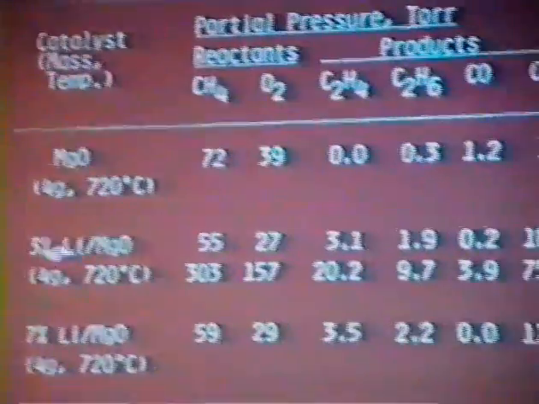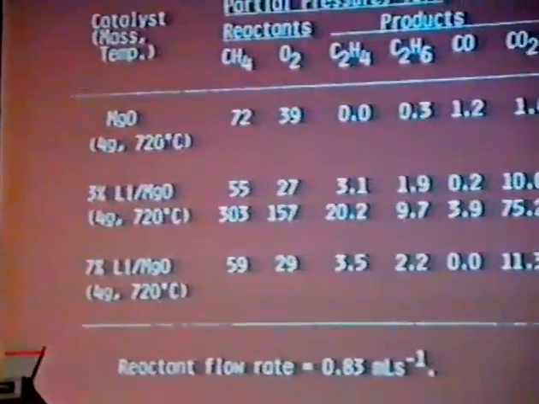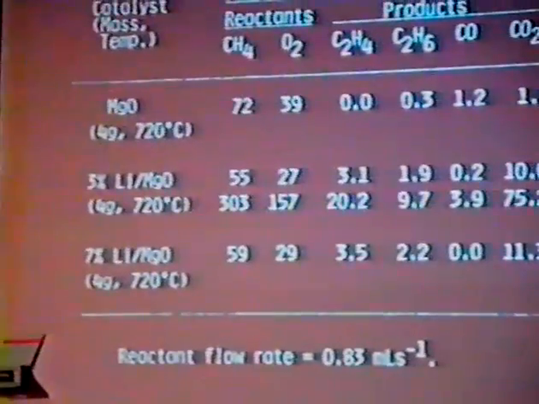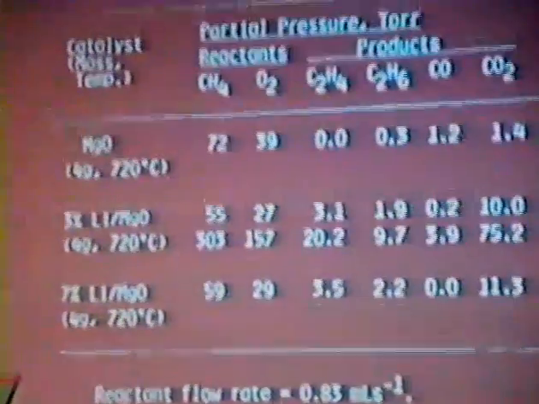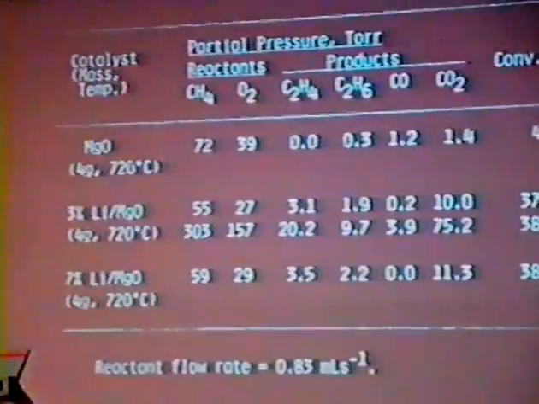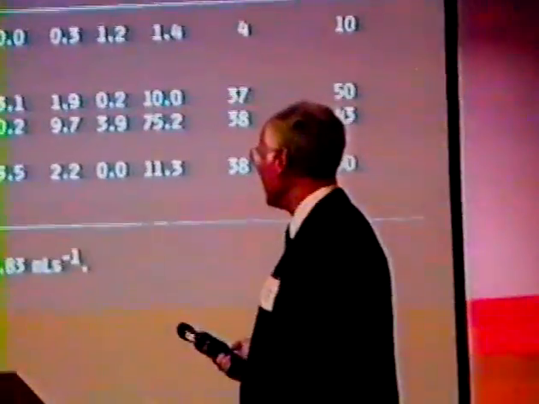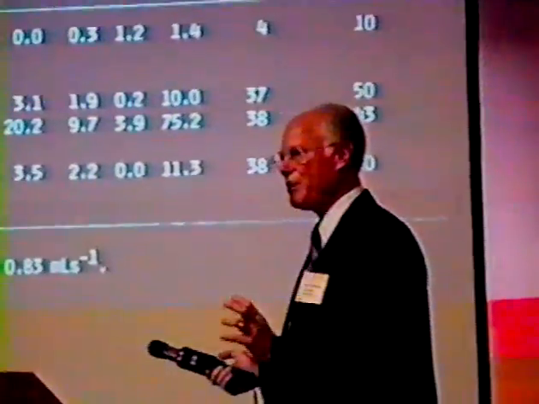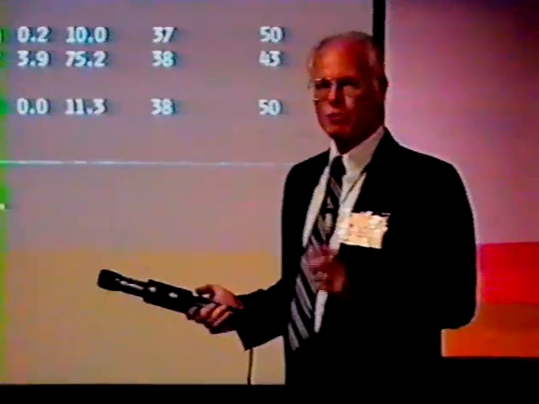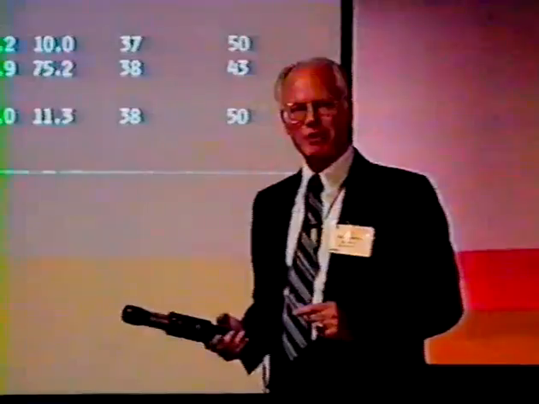And I mentioned before that we had looked at magnesium oxide, and in fact lithium mag oxide turns out to be a relatively good catalyst, both with respect to activity and also with respect to selectivity in converting methane to ethane and ethylene. And so it was of interest to us then to try to understand how the methane was activated and the possible role of these surface-induced gas phase methyl radicals.